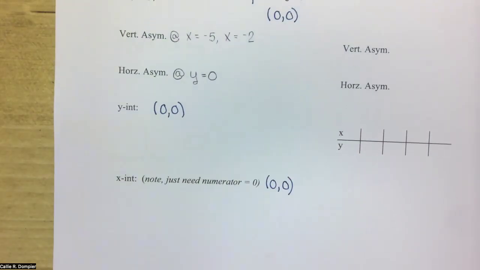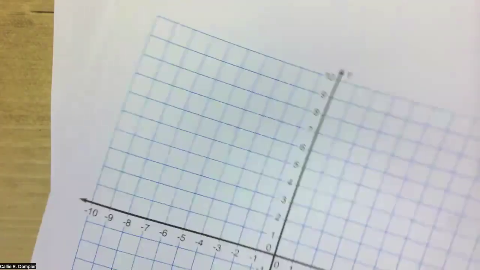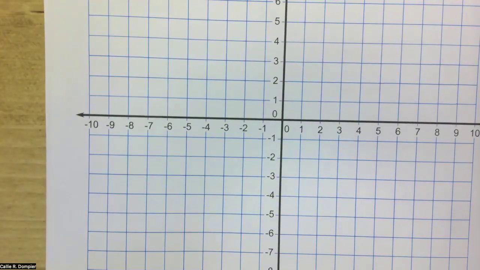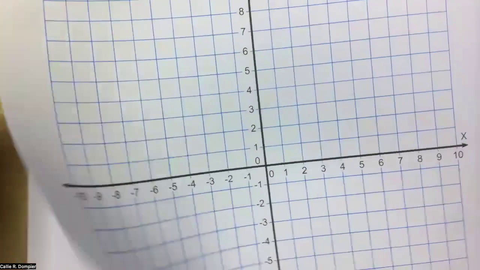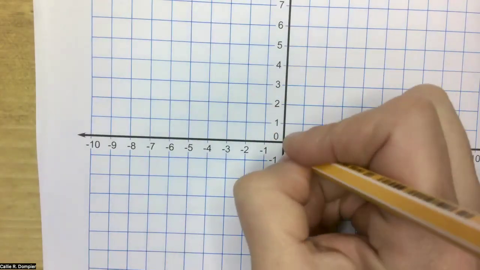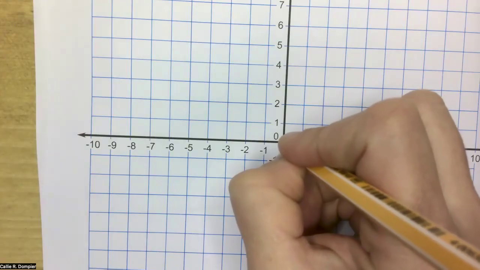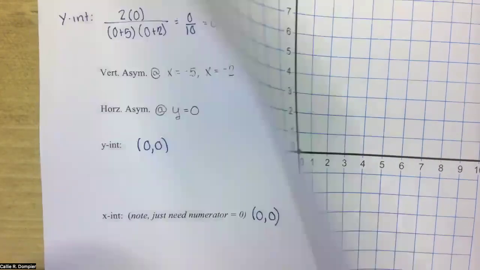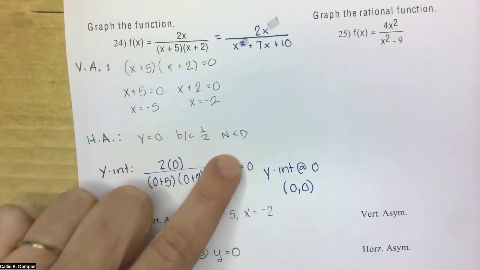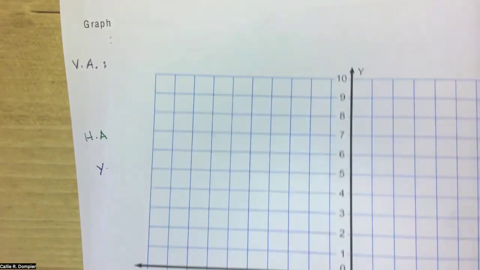Okay, let's really graph this one. Let's take one coordinate plane and see what we know. We know that the graph crosses (0, 0). The graph is on that point. What else do we know? We know that there are two vertical asymptotes, one at -5 and one at -2. I'm going to take my ruler and add those right now.